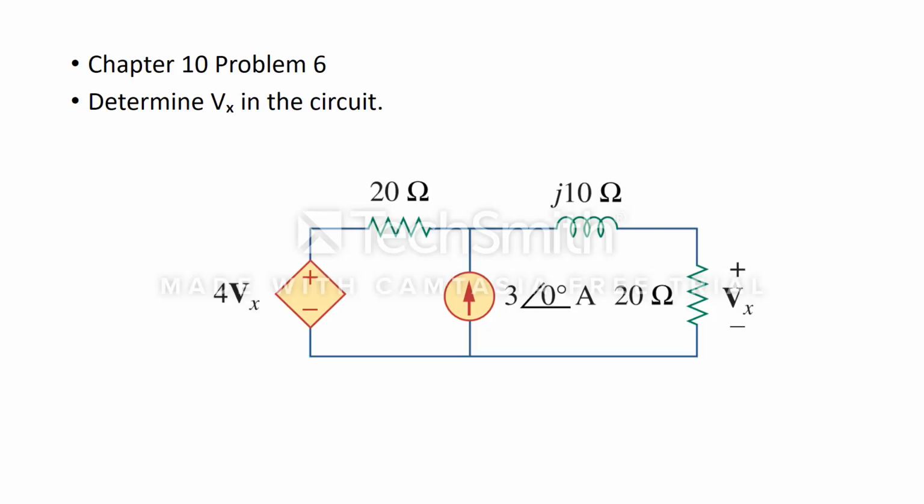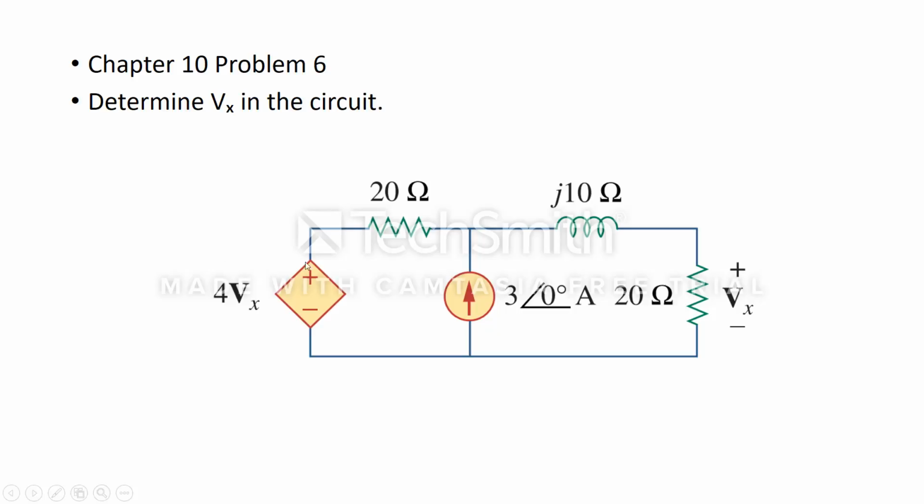We have to determine the potential across this 20 ohm resistor, where we have a current source of magnitude 3 amperes and a phase angle of 0 degrees, and we also have a current dependent voltage source, which has a magnitude of 4 Vx, a 20 ohm resistance over here, and an inductor over here which has an inductive impedance of J10 ohms.